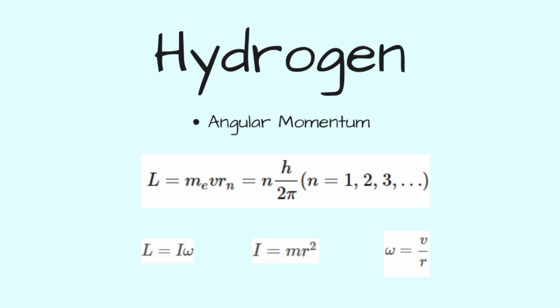Omega is the angular velocity, and it is equivalent to the linear velocity divided by the radius of the circular path. Making the substitutions gives L equals m times v times r. I'll derive the equations for the Bohr radius and electron orbital energies in another video.